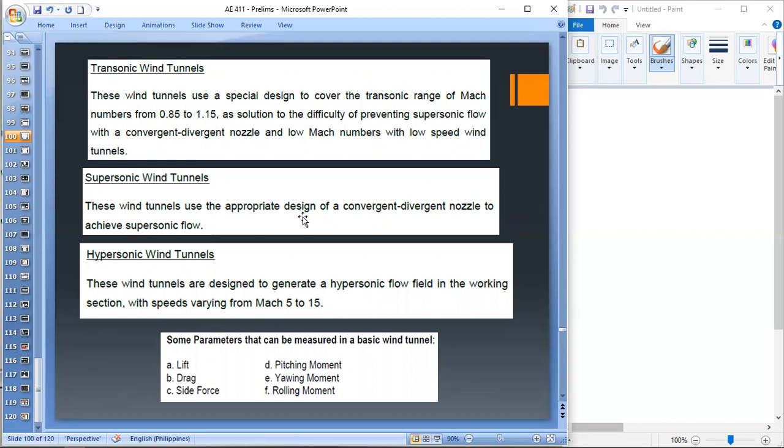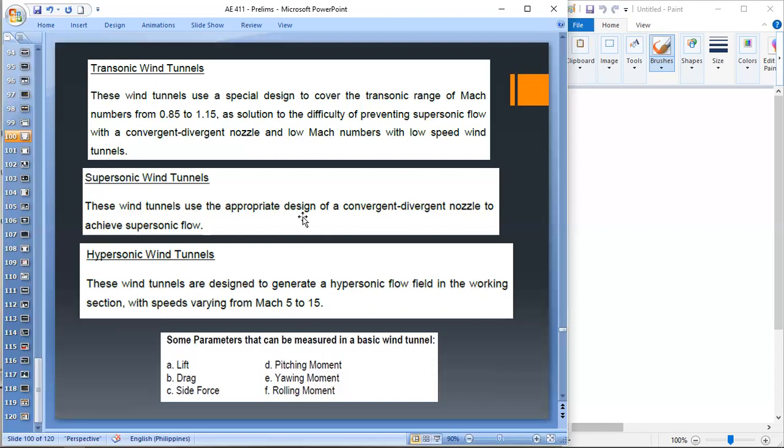So sa isa naman, supersonic wind tunnels, these wind tunnels use the appropriate design of convergent divergent nozzle to achieve supersonic flow. So dito, di-design siya para bumilis yung flow natin. And then sa hypersonic naman, so ito from Mach number 5 to 15. So yan yung iba't ibang wind tunnels natin.